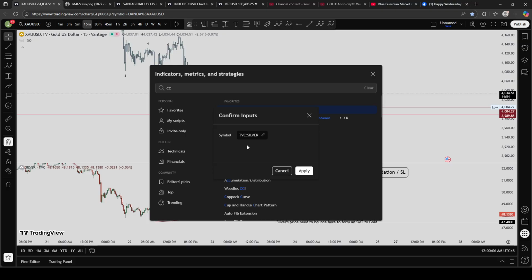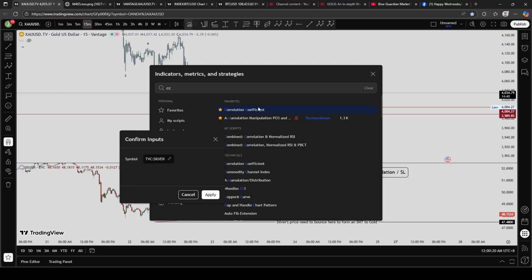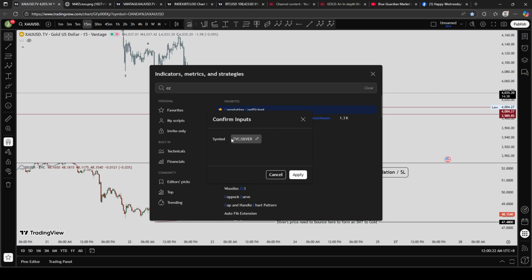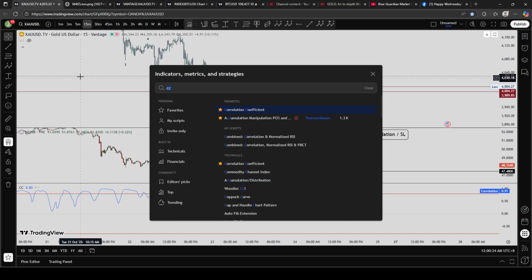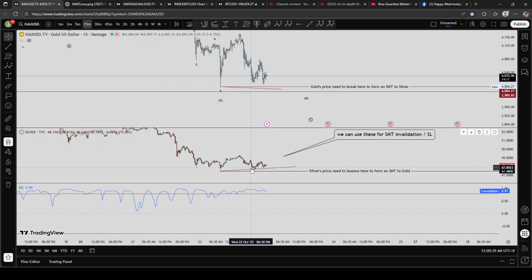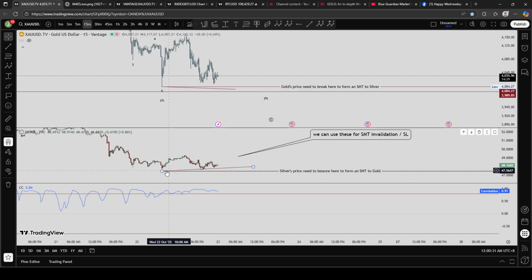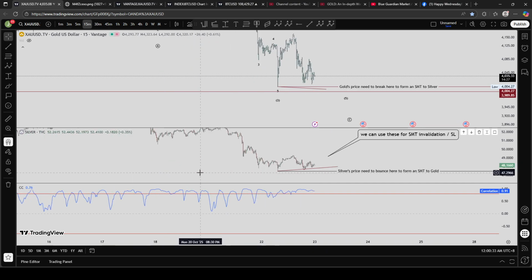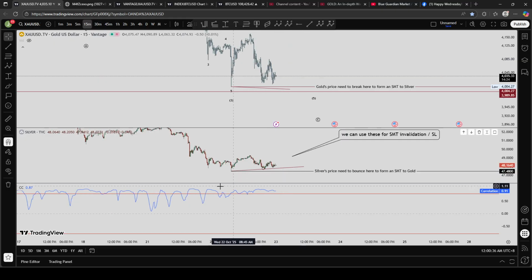Eric is very much aware of this correlation coefficient because most of his analysis is based on correlation. So here, I will use the correlation coefficient indicator and use the symbol silver. For us to consider whether, for example, you are anticipating a valid SMT around here, the correlation must be strong.